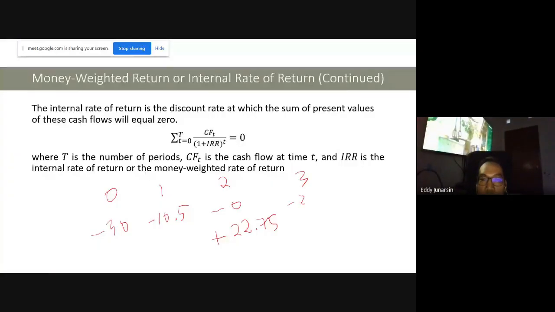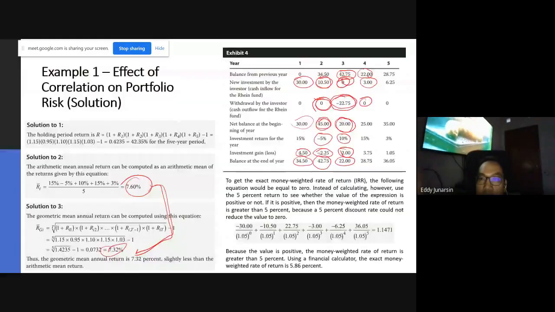So minus 3, right? No withdrawal. So what happened here? We started with 25, right? 22 plus 3, 25. We made 15%, which meant 3.75. So the balance would be 28.75.